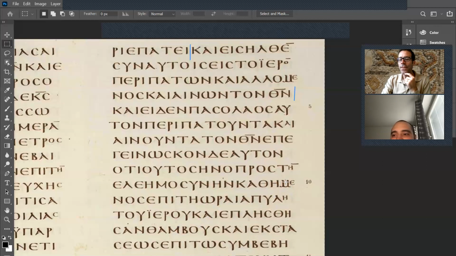It might be because it's at the end of the line. Spending time with this manuscript, I realized that, and it's a beautiful thing.